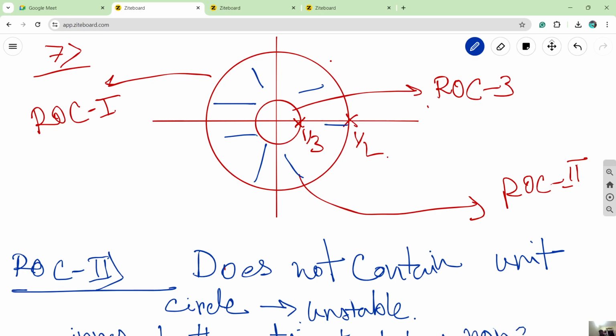So non-causal. So this is unstable and non-causal.